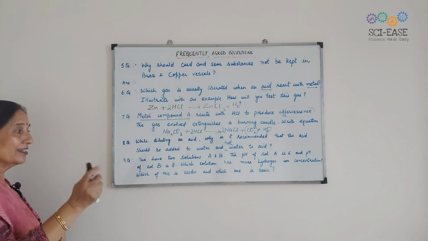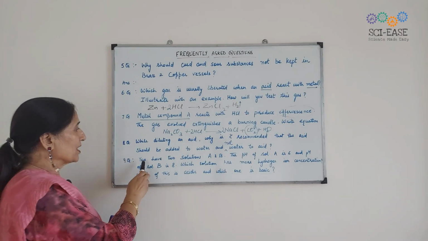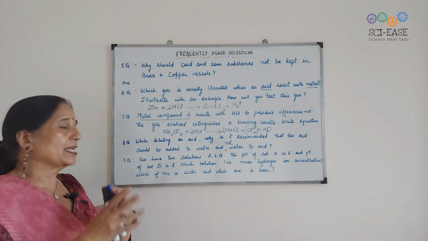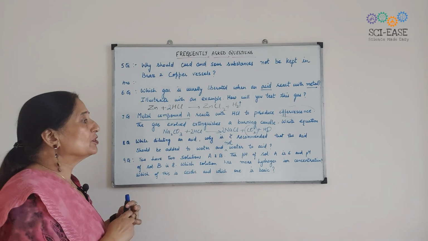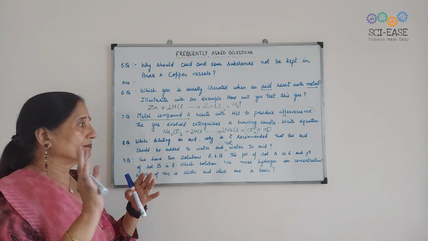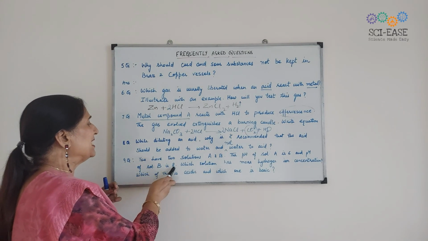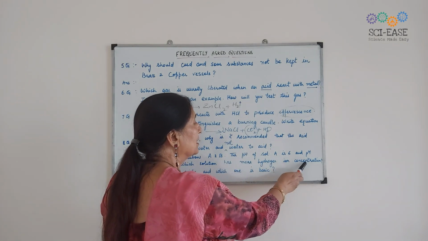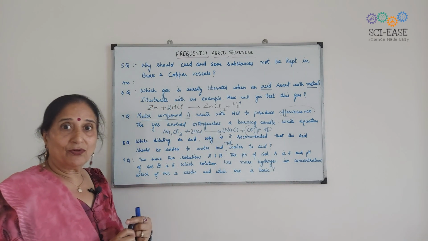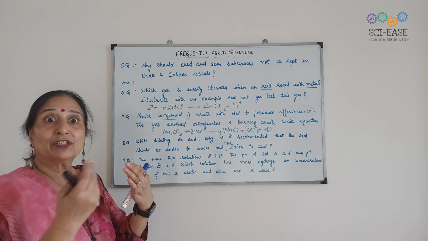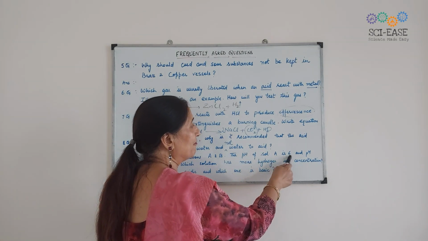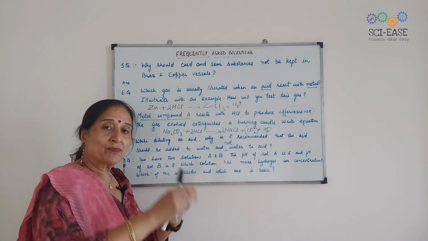Now the next, again some indirect question. There are two solutions, A and B. The pH of solution A is 6 and the pH of solution B is 8. Which solution has more hydrogen ion concentration? The solution which is acidic. Solution A has pH 6.